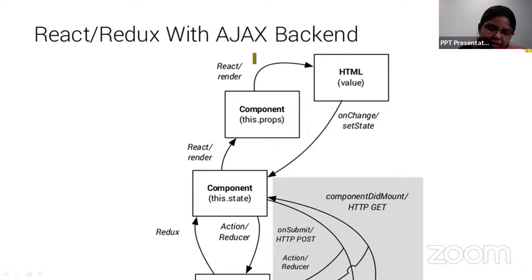In every part, as usual, there is an action. Once the action is passed, the dispatcher carries the action, and there is a callback. Meanwhile, you set a state on change for your Ajax, and whenever you submit an HTTP post, your action reducer is called.